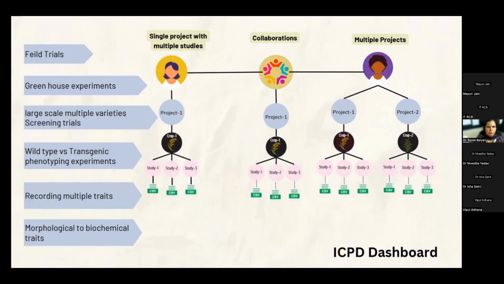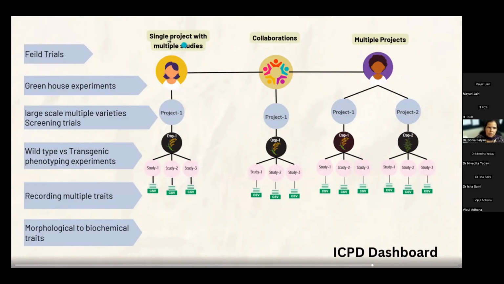And you can imagine that ICPD takes care whether your project is a single-user project. Imagine that you are a PI, you have a project with one crop, several studies, several data files, easily managed through ICPD. Or you have collaborations with different PIs, you work on a single project, or on multiple projects with multiple crops, or a single crop, multiple studies, and multiple data files.